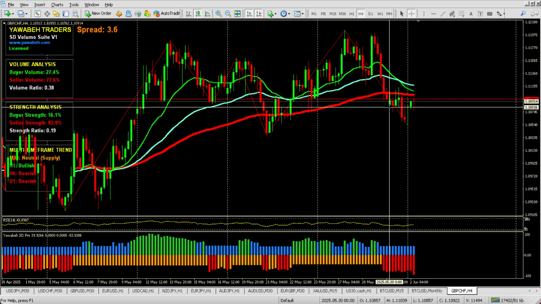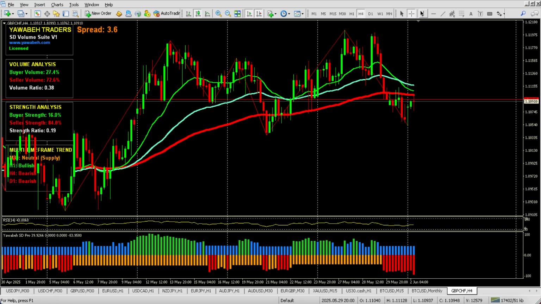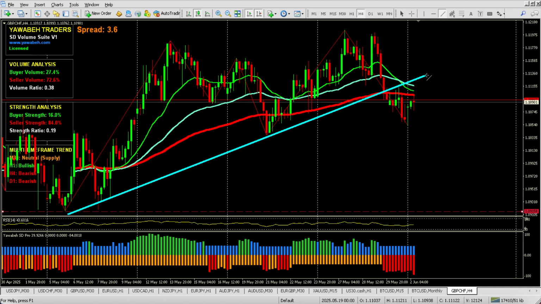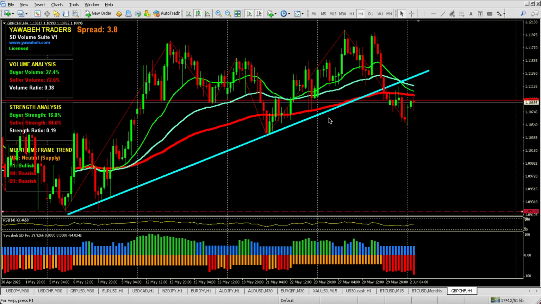At this point, the market has broken through this trend line. Okay, so this area is quite important. Let's draw. This is actually the trend line.